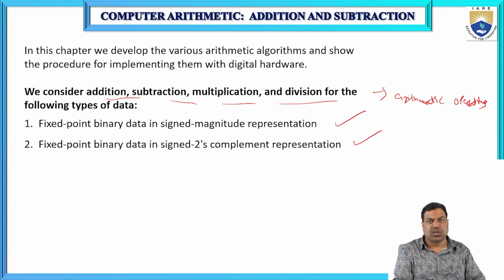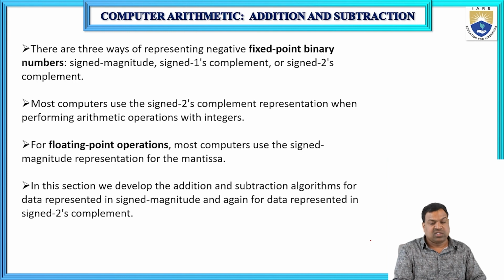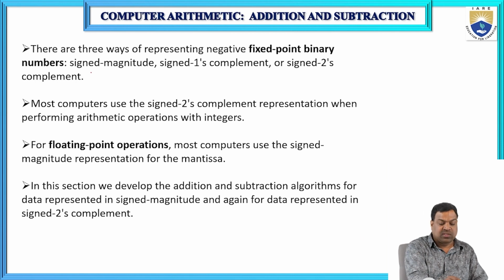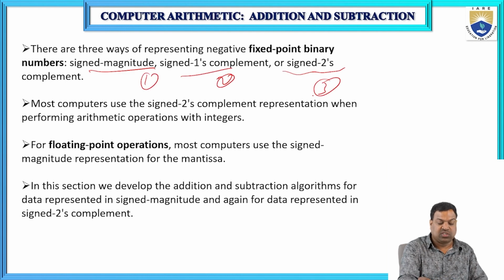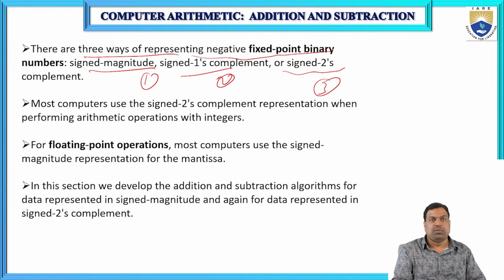So there are two types in the arithmetic. We will discuss what signed fixed point data and fixed point signed two's complement are. There are three ways of representing negative fixed point binary numbers: signed magnitude, signed one's complement, and signed two's complement.